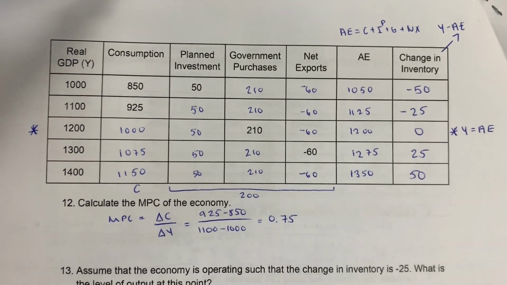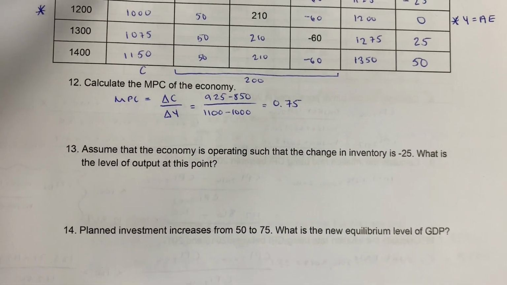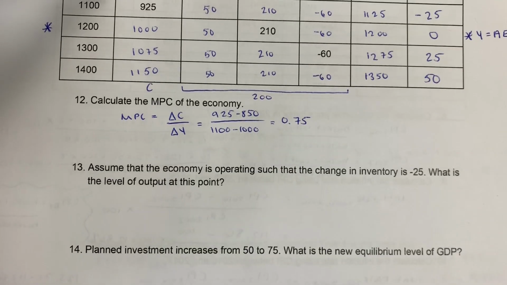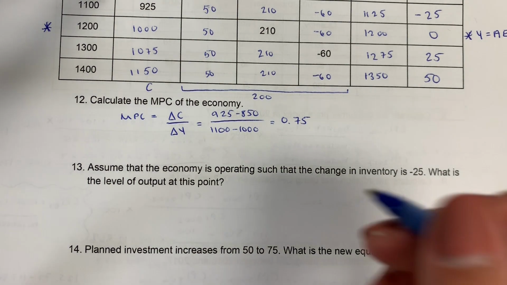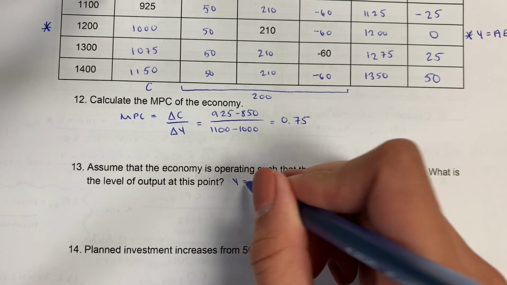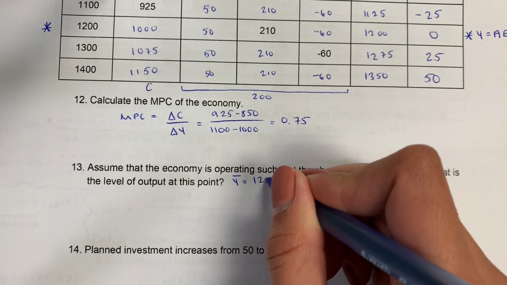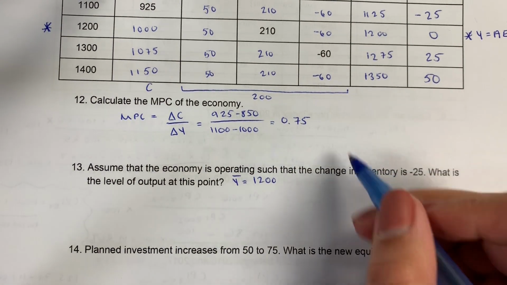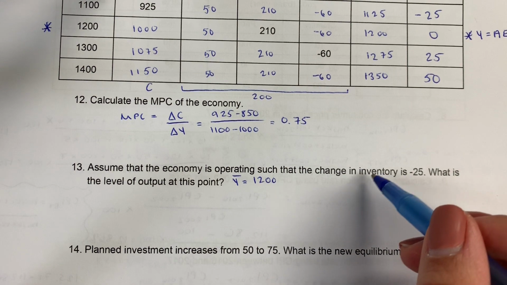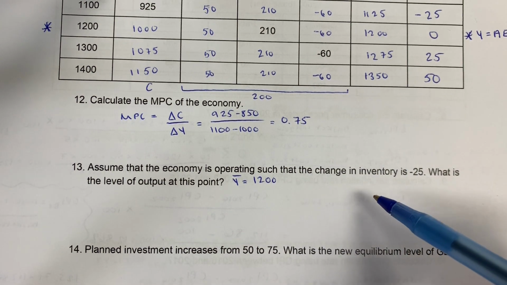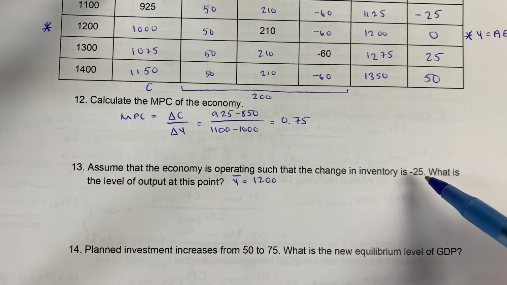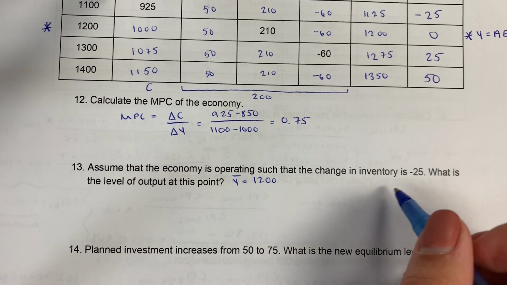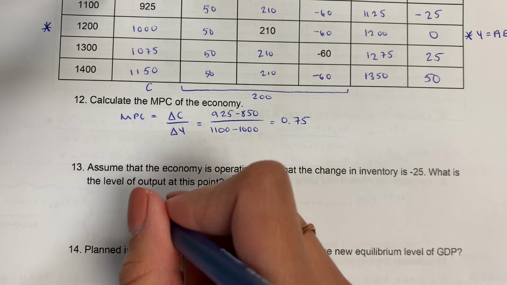Okay, so 13, we're going to assume that the economy is operating such that the change in inventory is negative 25. What is the level of output at this point? Well, for here, we want to keep in mind that Y bar, the equilibrium, is 1,200. We're going to need that later. So there's a formula to calculate how a change in C, I, P, G, or NX, or autonomous consumption, all those factors, basically everything but taxes, changes the output.